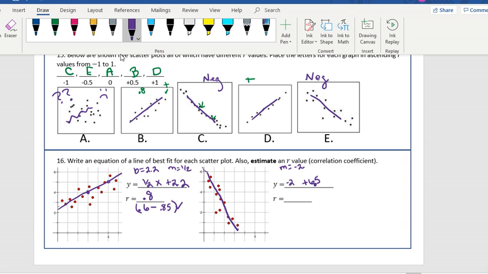-2. So, and where did I get it? Down 2 over 1, down 2 over 1. It's kind of sort of close. And you can argue anything with me that's close to -2. All right, so the fact that it's negative is important. So that means my R has to be negative. This is a lot tighter.